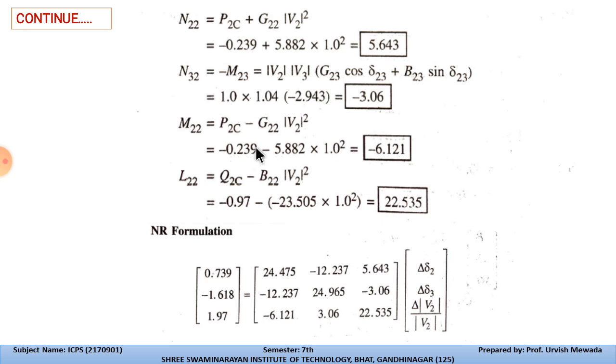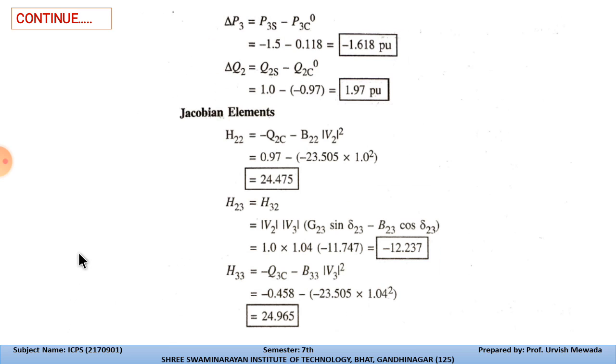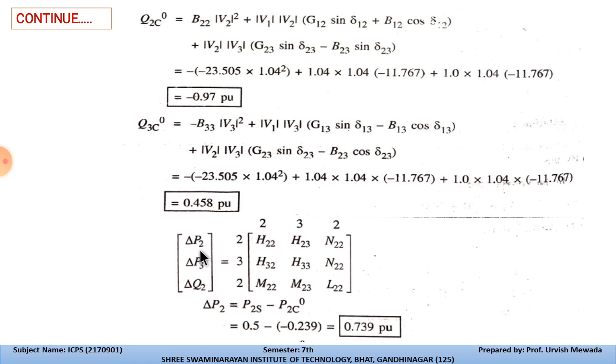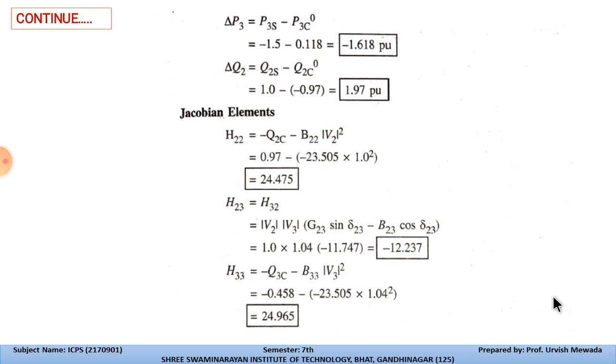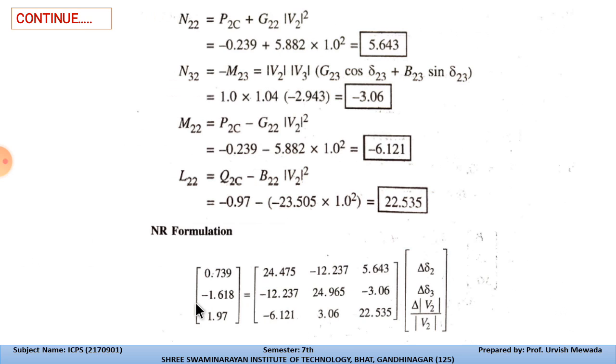So using the NR formulation, we put all the data that we derived over here in matrix form. Over here you can see that 0.739 comes from here, and the rest of the values that we derived are minus 1.618 and 1.97.